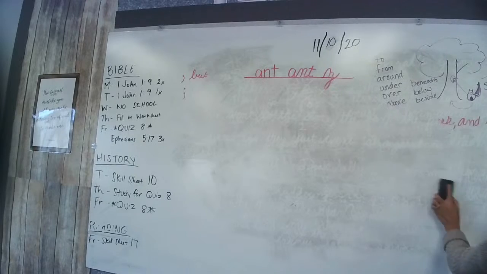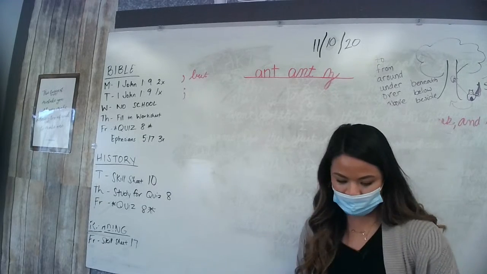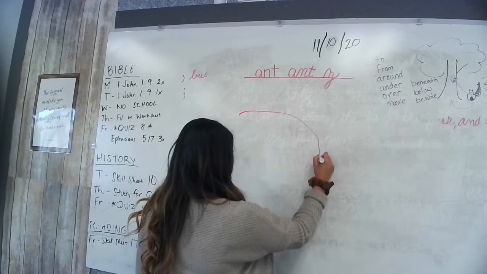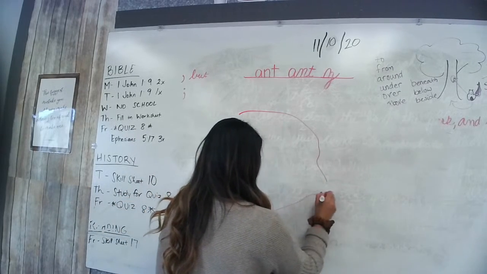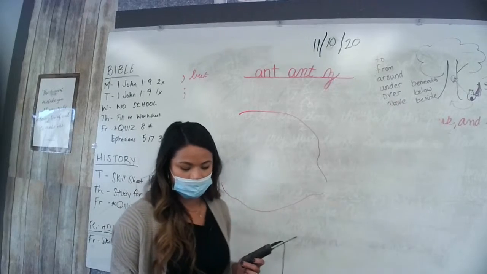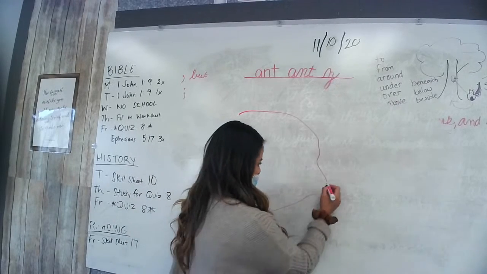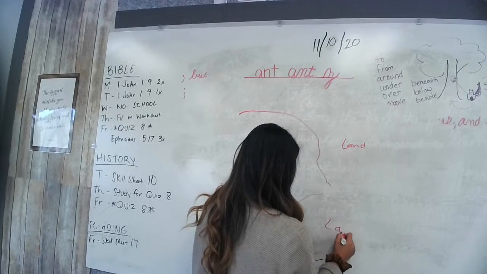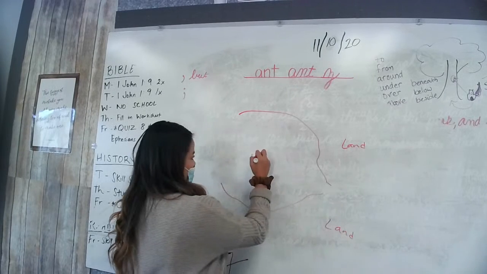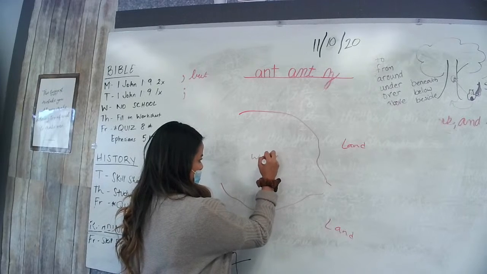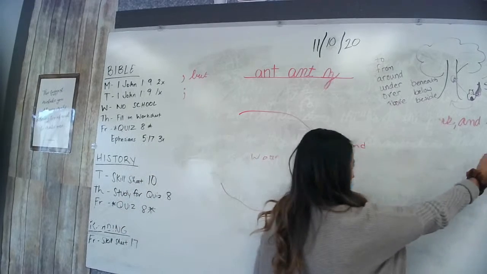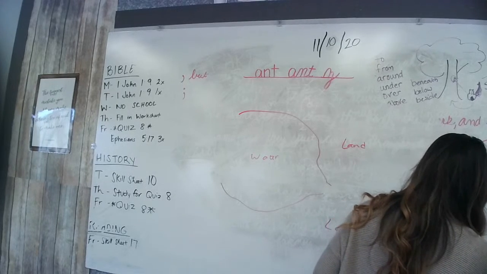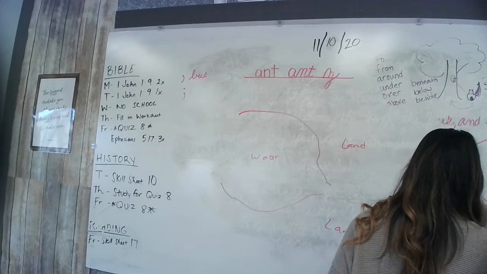So there's two big bodies of water. Pretend this is water. A strait is a narrow body of water. Pretend this is land here and land here. This is water, connecting to another body of water here.